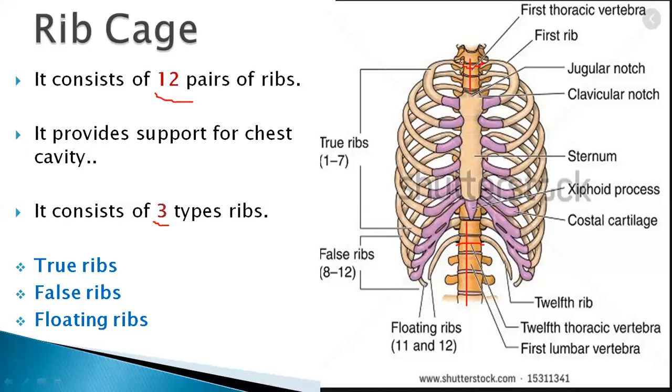From here is where the first rib is joined from the back. From the front, it is fixed with the sternum, and its last edged portion is called the xiphoid process. These ribs are joined with cartilage to the sternum. So there are 3 types of ribs: true ribs, false ribs, and floating ribs.